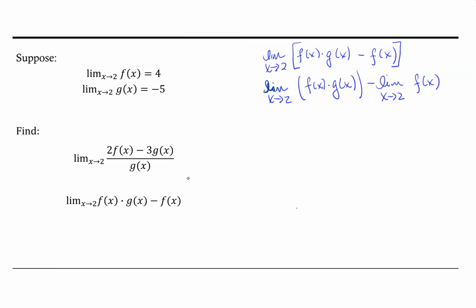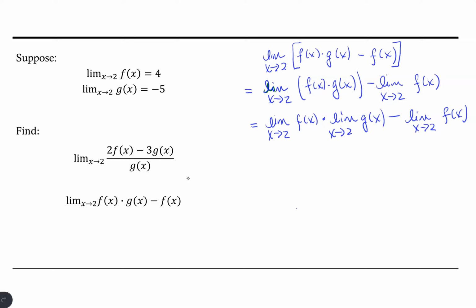In this case, the limit as x approaches 2 of f of x times g of x is equal to the limit as x approaches 2 of f of x times the limit as x approaches 2 of g of x. And so that takes care of that first limit, and then we're going to subtract the limit as x approaches 2 of f of x. And these are all equal.